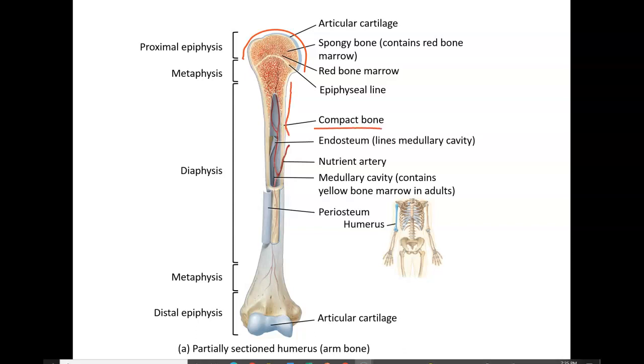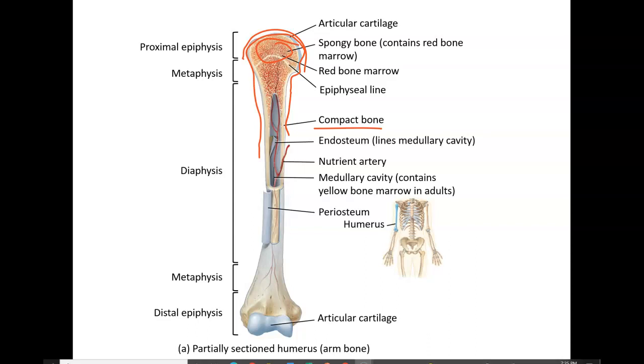Notice how it comes up around the entire bone, and it travels throughout the entire bone. So you're going to have a very thin layer of compact bone before you come into the center portion here where it's spongy bone. And that spongy bone is where we're going to find that red bone marrow. Remember, that's where we're going to make our red blood cells, white blood cells, all the lymphocytes, and the plasma, the platelets, and things like that.